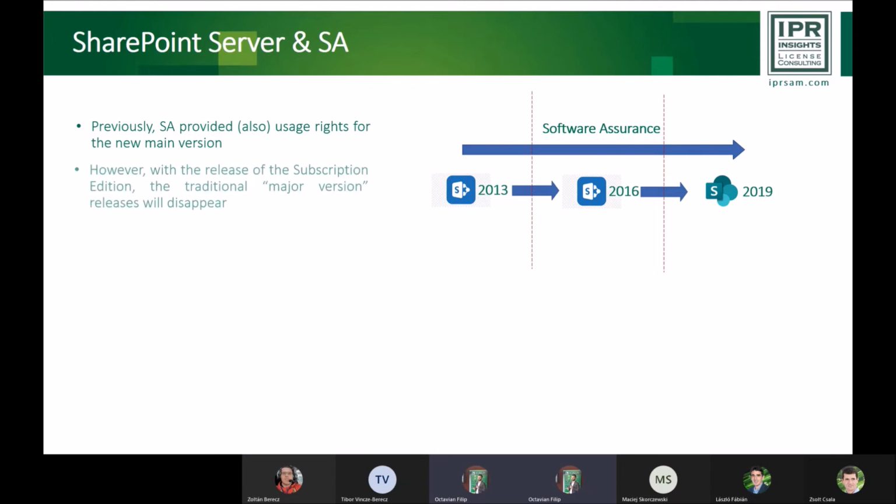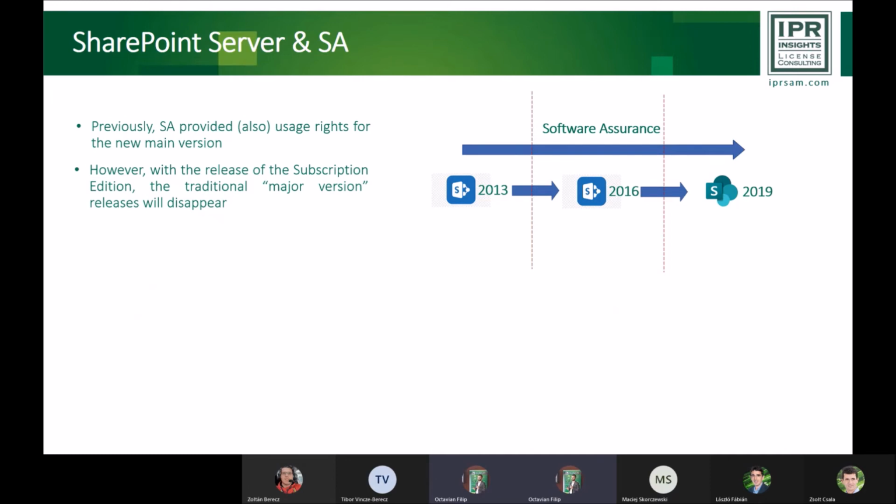But with the release of the Subscription Edition, the traditional major version release will disappear. Something similar to what they have done with the Windows desktop operating system 10. Even if they name it 10 and now 11, these are not major versions like Windows XP or Windows 7 were. So there won't be a SharePoint Server 2022 or 2025.